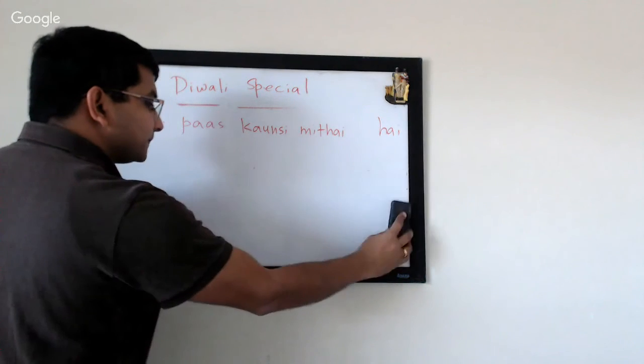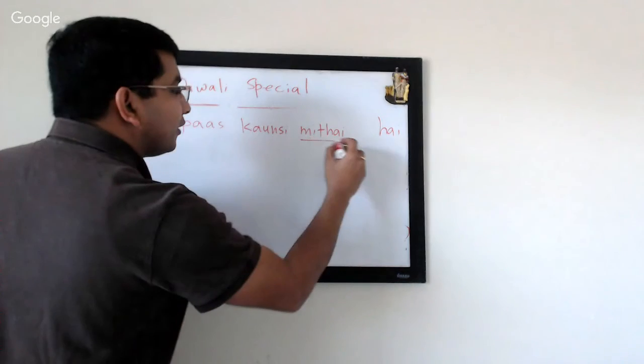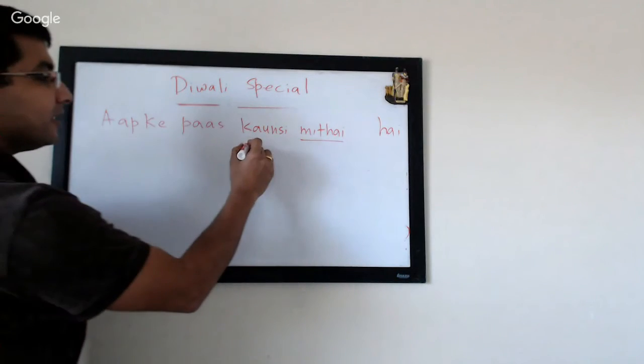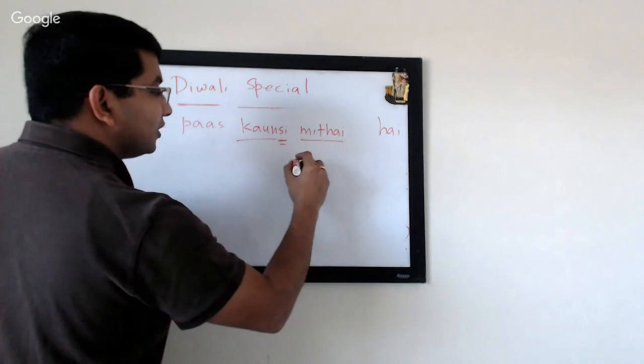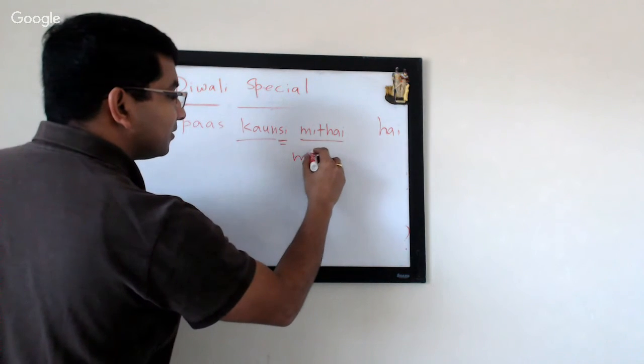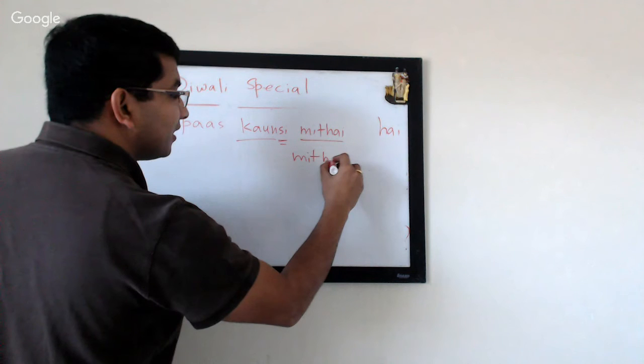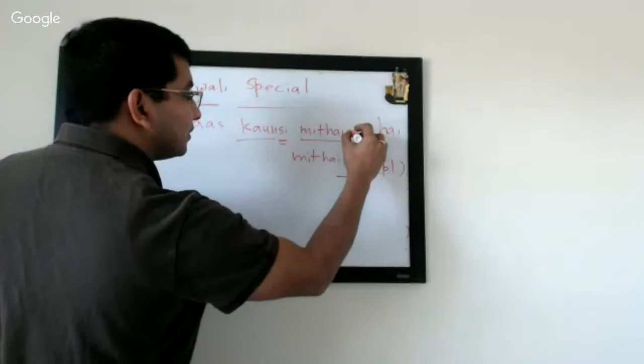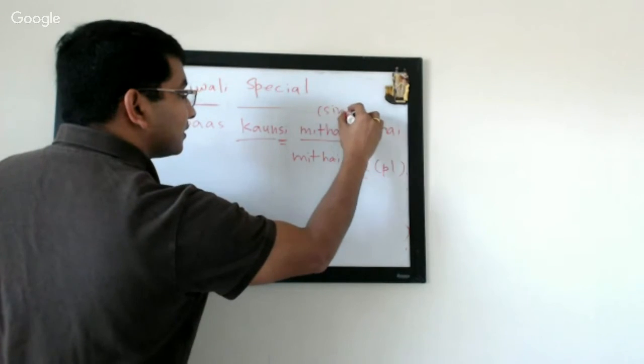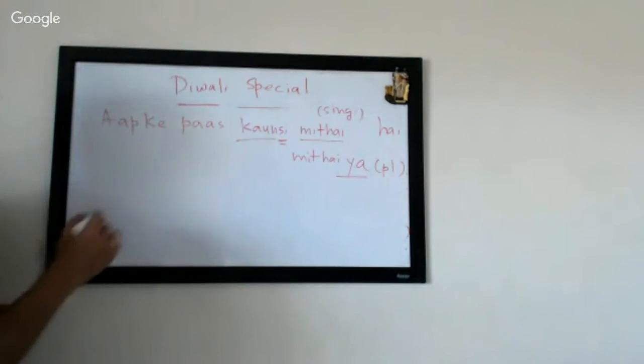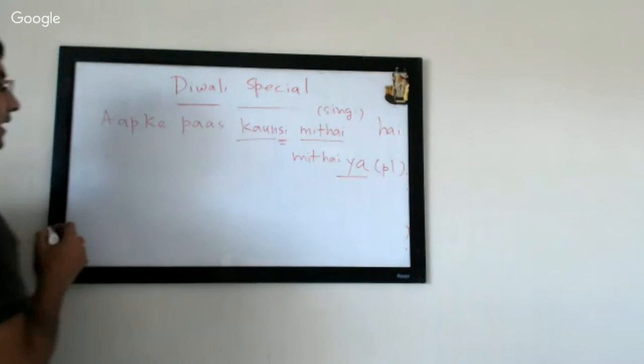And if you remember, in case of feminine, either it's a singular or plural, it still remains कौन सी. So even if it is मिठाइयाँ, so this is plural and this is singular, right? Both of them you'll be using कौन सी, right?